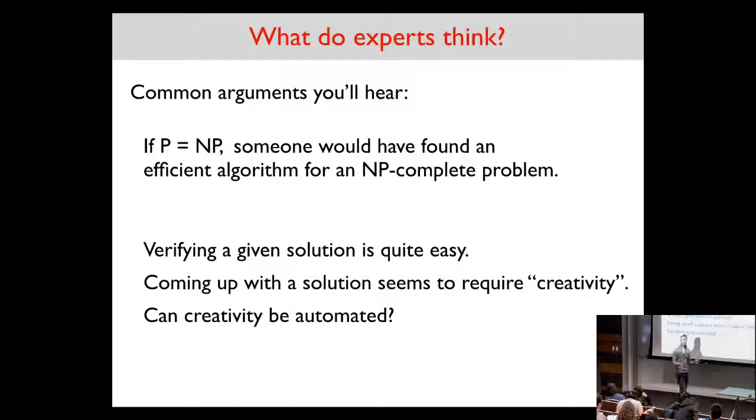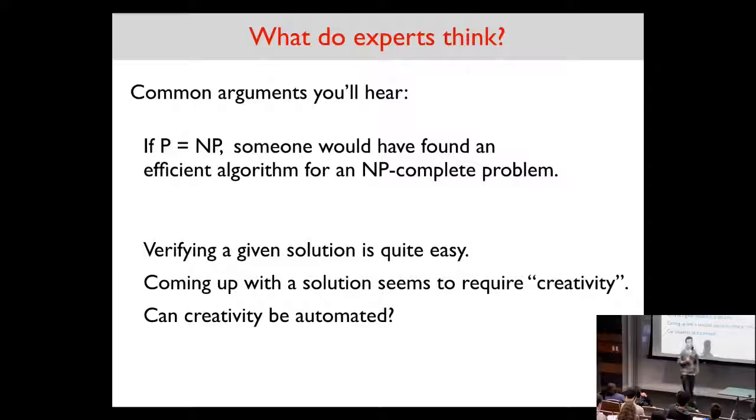I don't know what that exactly means, but some people use that term. And you can ask, if P is equal to NP, it seems like creativity can be automated. And people think that that's not the kind of world we live in. Okay. Again, it's up to you to decide whether you're convinced by this or not.